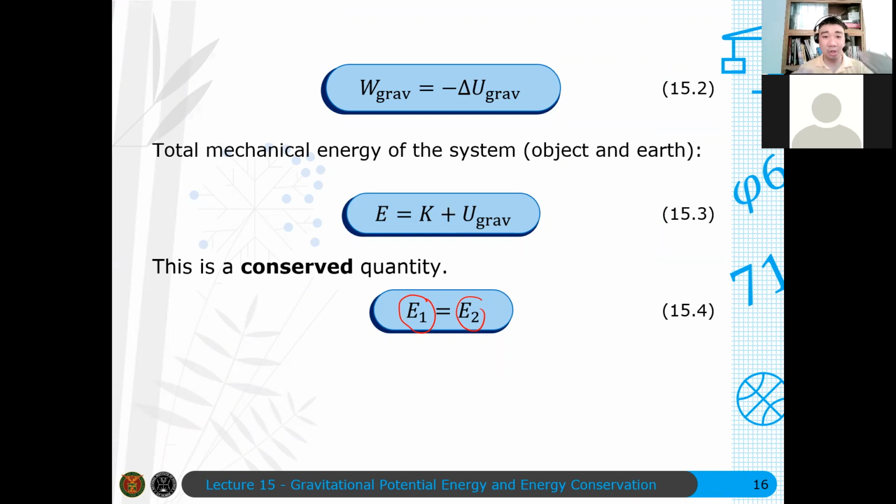So what we did is use the definition of the gravitational work to define a gravitational potential energy and say that if only gravitational force is acting on a particle, then the total mechanical energy of the system, which is the object and the Earth, is conserved. Okay? Questions? Wala questions?